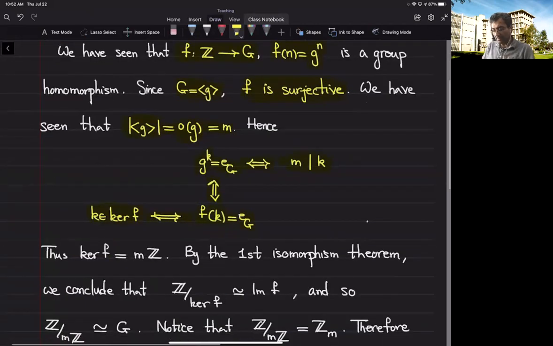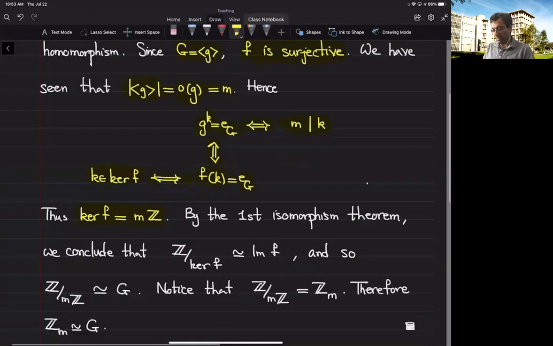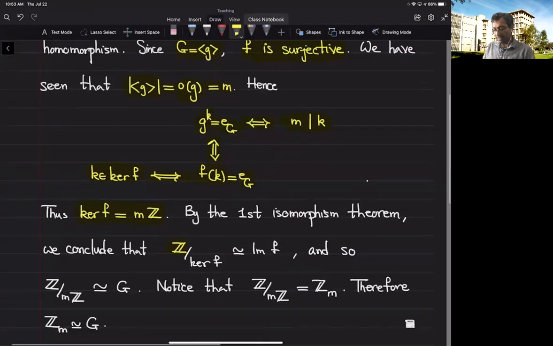So the kernel of f is mZ, the subgroup of Z consisting of multiples of m, which we denote by mZ. We understood the kernel of f, that's mZ. We understood the image of f, that's the entire cyclic group G. And therefore, by the first isomorphism theorem, the domain modded by the kernel of f is isomorphic to the image of f.